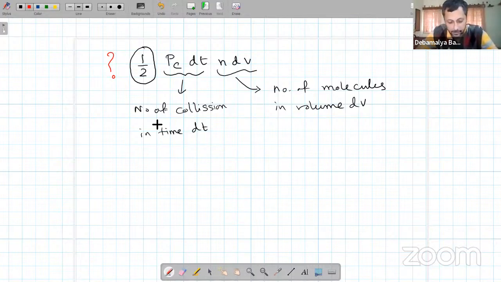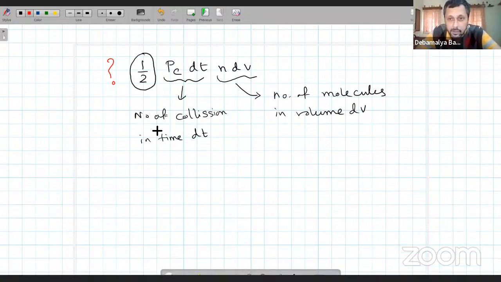I think this half factor is justified. His question exactly is: in the above expression we are not computing the number of colliding molecules, but the collision itself, so why is there a need to divide it by 2?